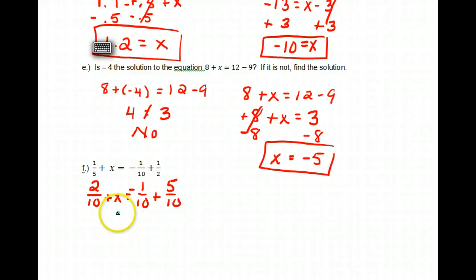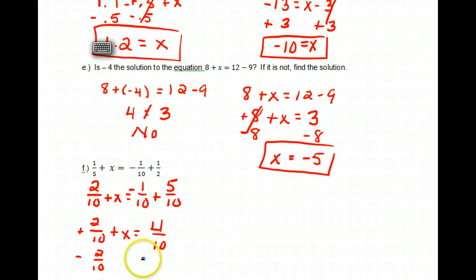My next step is going to be to combine like terms on the right-hand side of my equation. Negative 1/10 plus 5 makes 4/10. On the left-hand side, my 2/10 is a positive 2/10. So to undo a positive, we will use a subtraction.